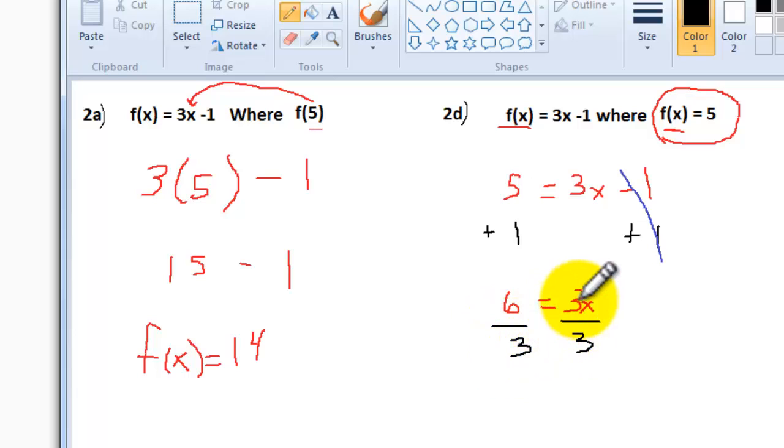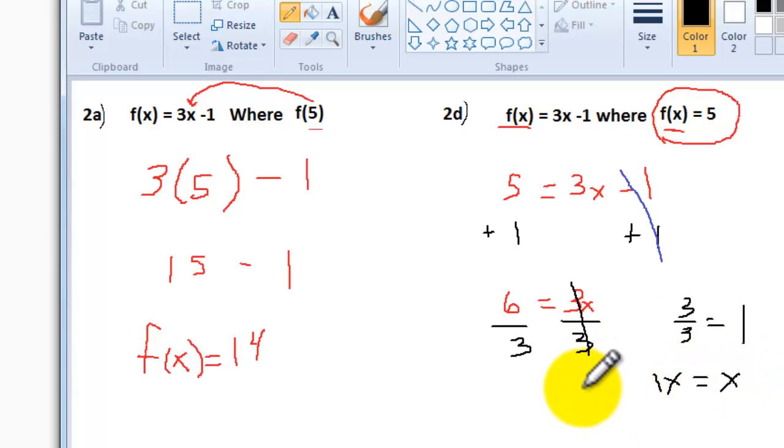To take the 3x apart, 3 over 3 is 1 because any number over itself equals 1. So that becomes 1x, which equals x. So this equals just plain ordinary x. And 6 divided by 3 is 2. So you now have 2 equals x. That's the difference between those problems.